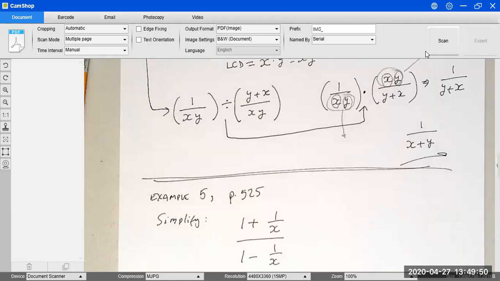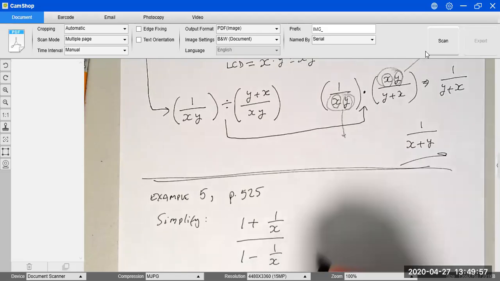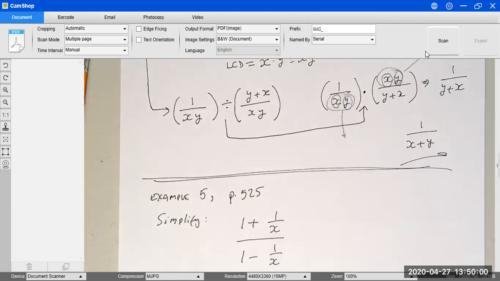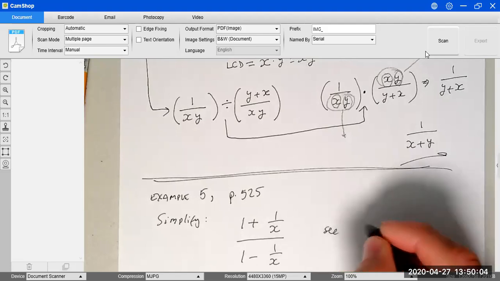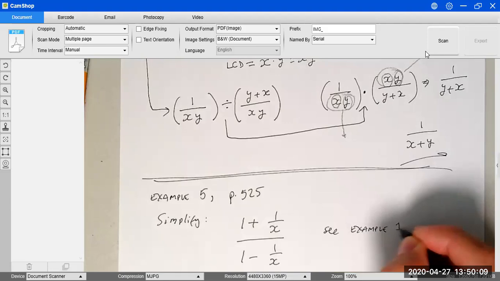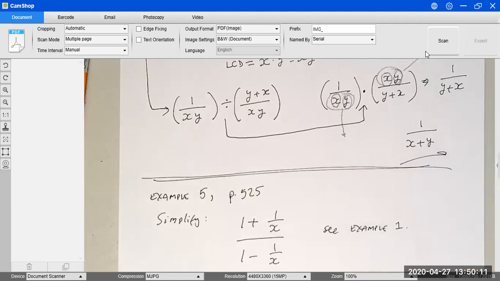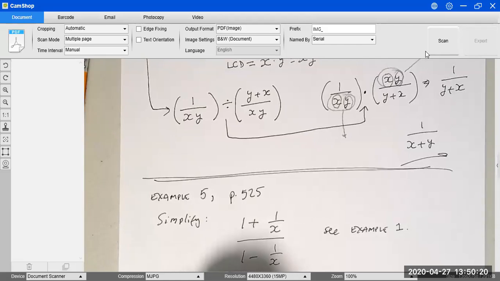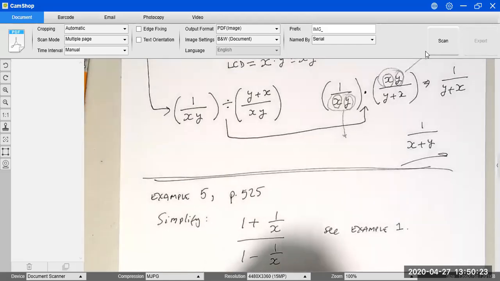So it looks like we already solved this one. This is example 2. The only difference is that they are showing you in the book how to use the least common denominator method that we already did. So you're going to see example 1. It's the same, so we don't waste time repeating that. And also example 6. So this portion of the lecture is going to be shorter than expected.